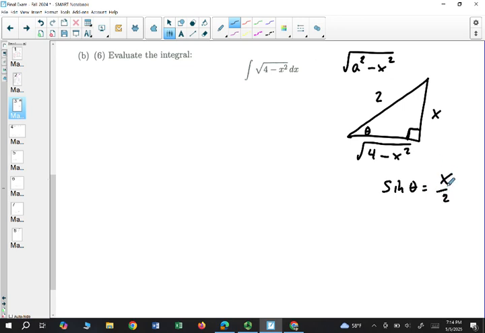In other words, if I multiply both sides by 2, I'll have x equals 2 sine theta. And then for dx, just take its derivative. Derivative of sine is cosine, so 2 cosine theta d theta.